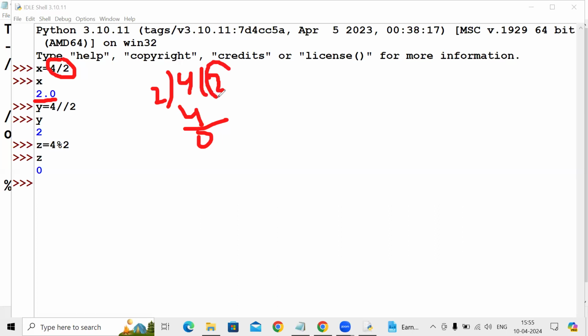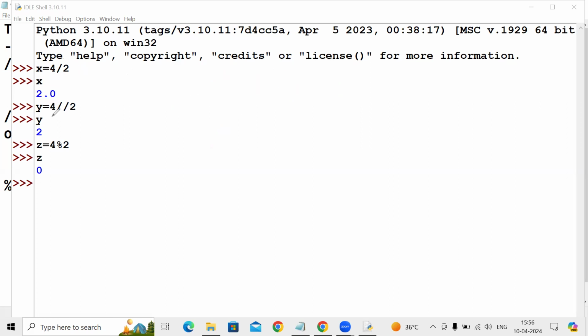In the case of float division, it takes the result from the quotient, but it shows the result as 2.0. It always shows the result as a float value. That's why we call this a float division, guys.